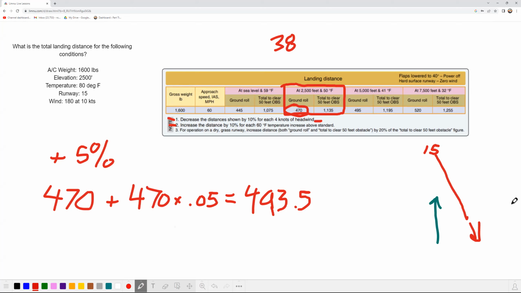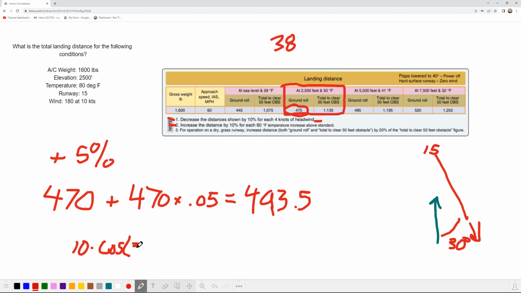But I like to use just the trigonometry functions. So to find headwind, you use cosine, and you just do the wind speed, so 10 knots, times cosine of the angle between the wind and the runway. So the wind is from 180, and the runway is at 150, so that's a difference of 30 degrees.